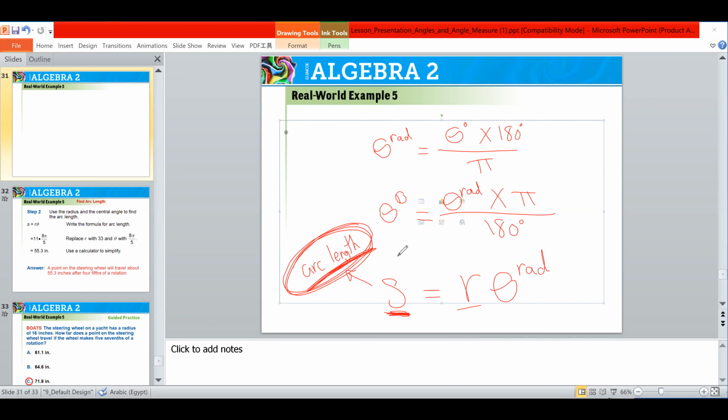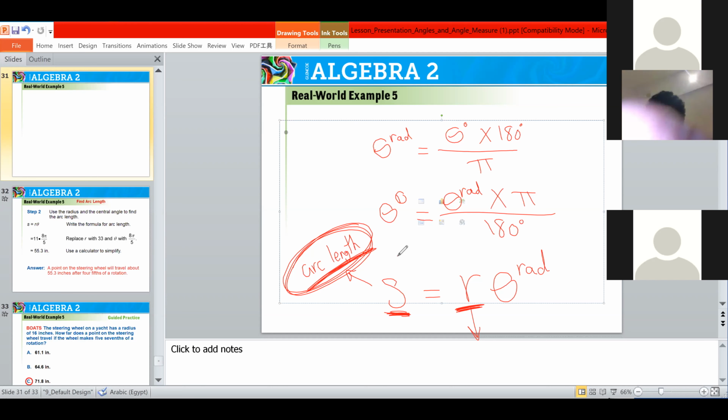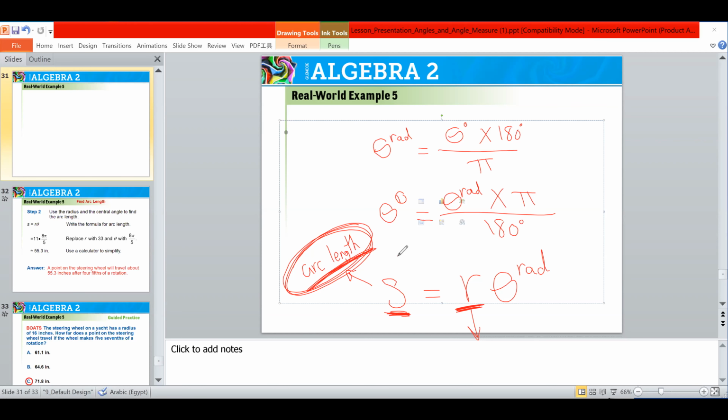And R refers to the radius, the radius length, yes. And theta rad refers to the angle that is equivalent to the part of the circumference.